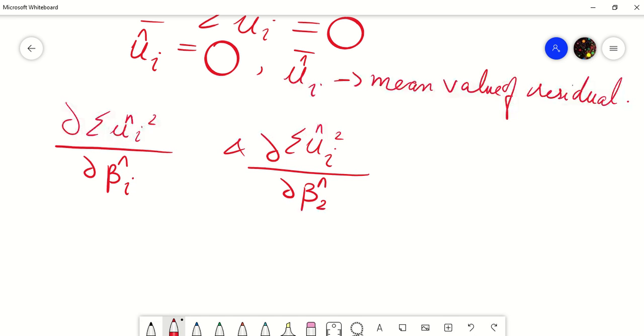So these two derivations we take from the previous lecture.